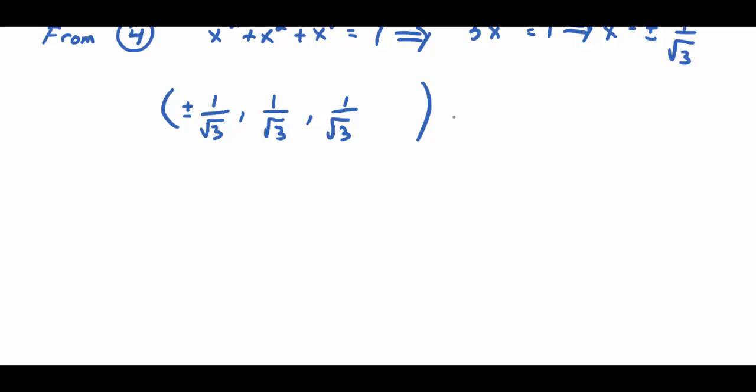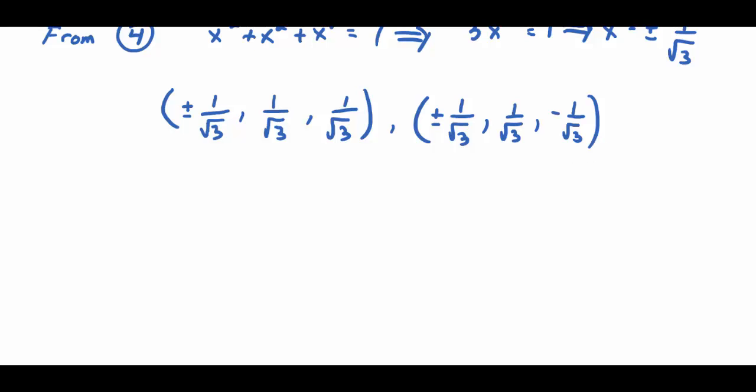But then what other possibilities are there? Well, let's stick with the plus or minus 1 over root 3 in front. I suppose we could have the y coordinate positive, right? And then the z coordinate negative. Would you buy that? What's another possibility?